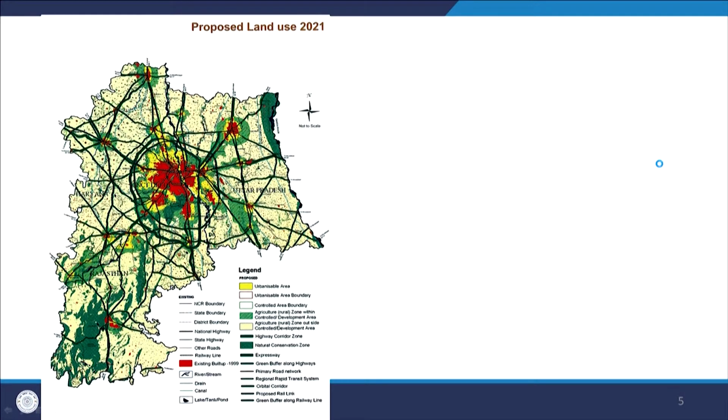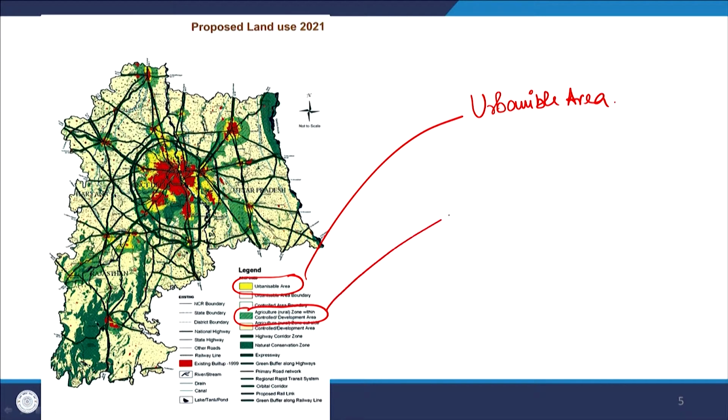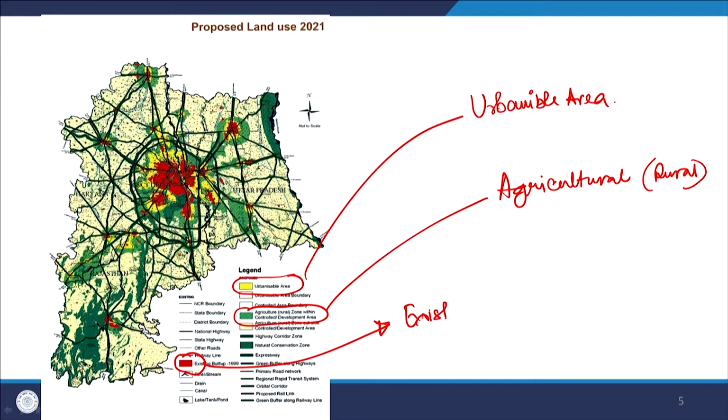Here in this plan you can see that the yellow color is depicting the urbanizable area and this green color is depicting the agricultural area. Basically these are rural areas, and the red or dark red is showing the existing cities or already built up area.